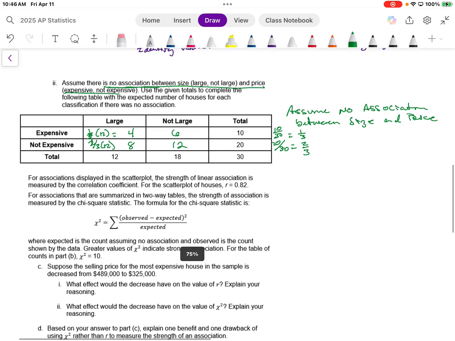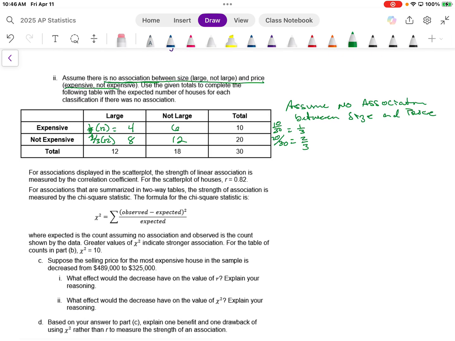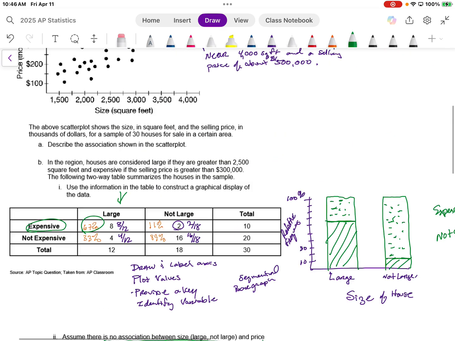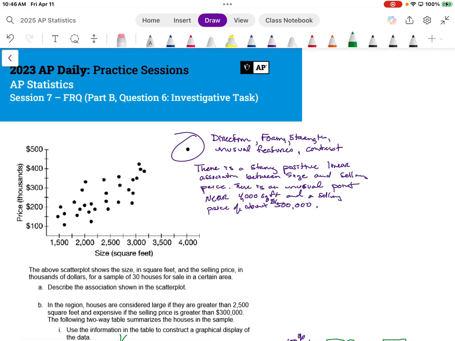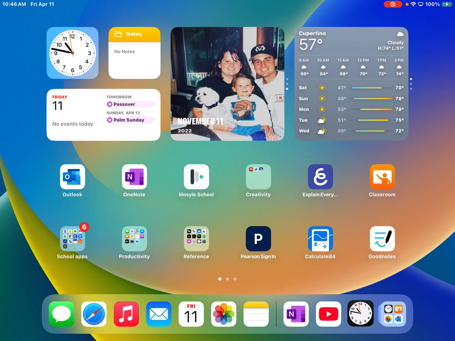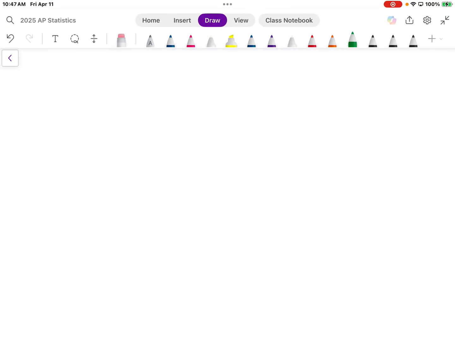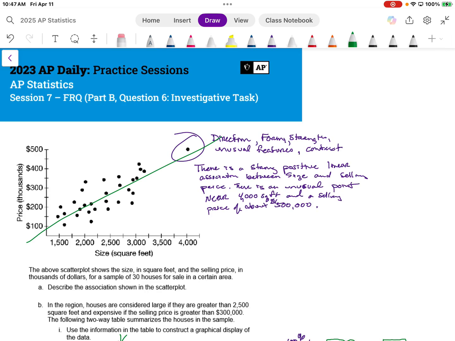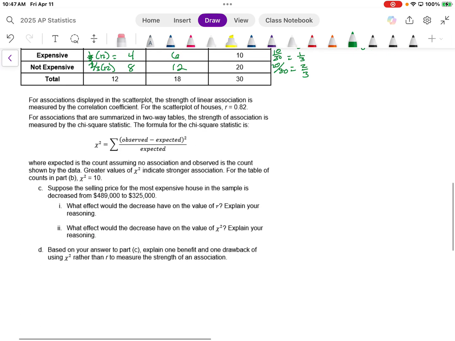All right, so for associations in a scatter plot, the strength of a linear association is measured by the correlation coefficient. In our picture up here, they told us the correlation coefficient is 0.82. For associations summarized in a two-way table, the strength of the association is measured by the chi-square statistic.